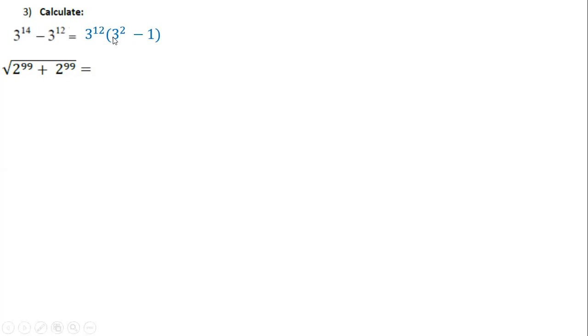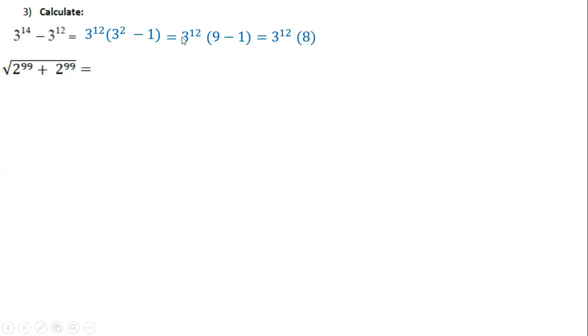Now 3 squared is 9. So 3 to the power 12 times 9 minus 1. 3 to the power 12, we leave it as it is, and 9 minus 1 is 8. Here we do not continue since we cannot calculate 3 to the power 12 times 8, so we stop here.